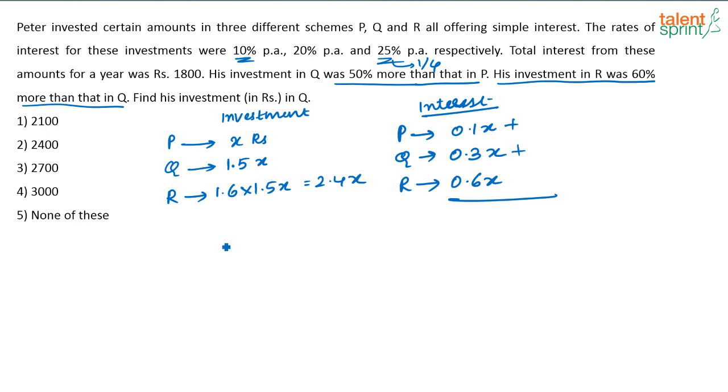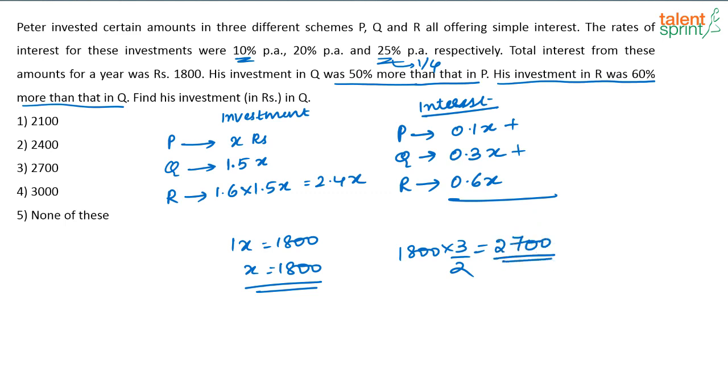If you add it all, you get 1x, which is equal to 1800, so x is equal to 1800. Now what is the question? Find his investment in Q. How much is he investing in Q? 1.5 of x. What is 1.5? 3 by 2, right? 1.5x is 1800 into 3 by 2, which is nothing but 2700. So this is what he has invested in Q.